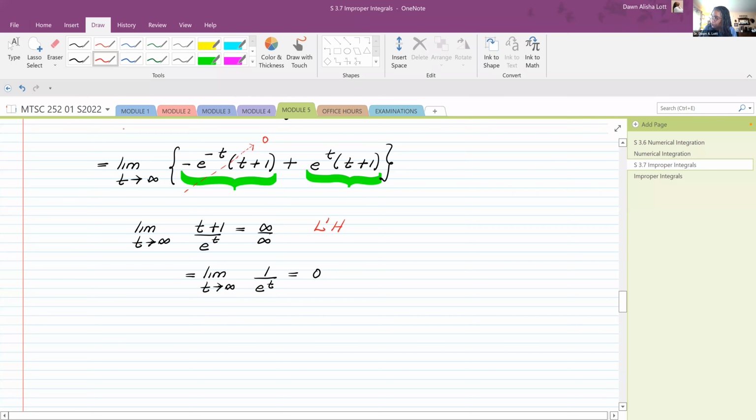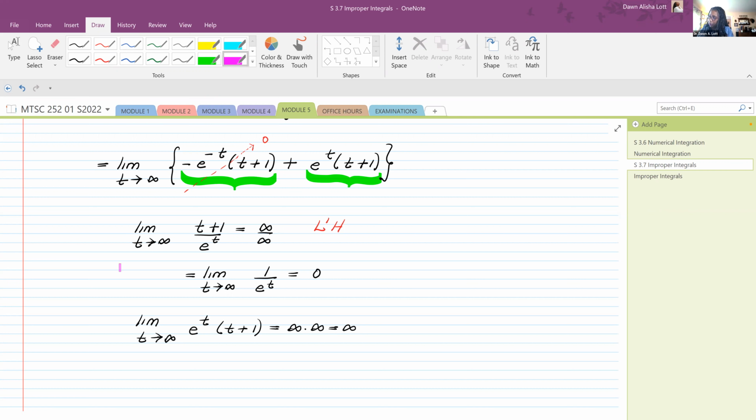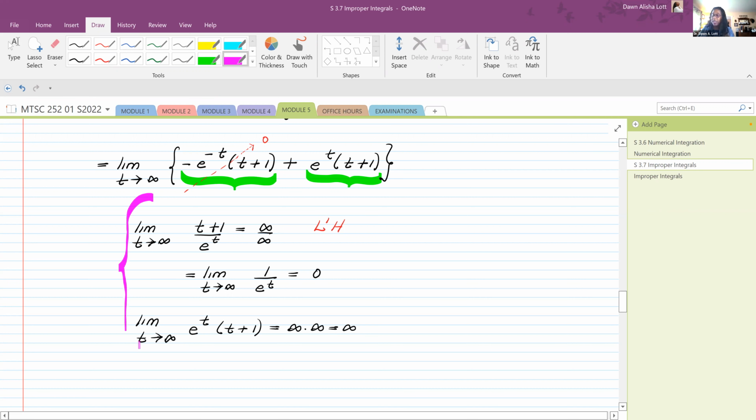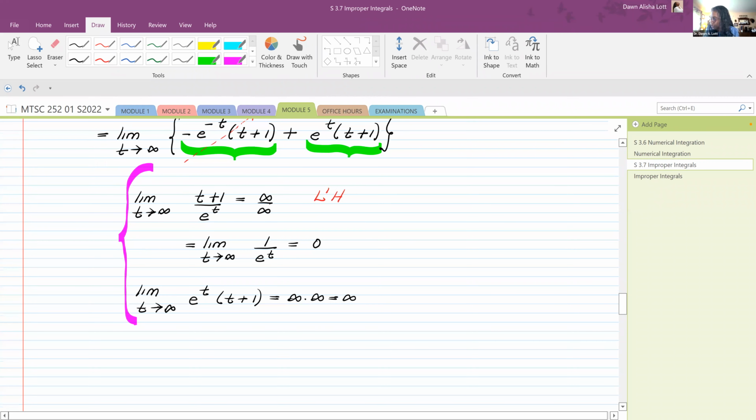How about the second one? We get the limit as t approaches infinity of e to the t times t plus 1. Well, that looks like infinity times infinity, which is still infinity. Oh, that's a problem, because the second term goes to infinity.